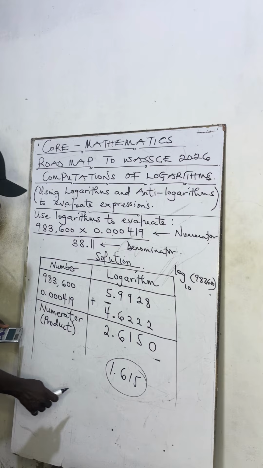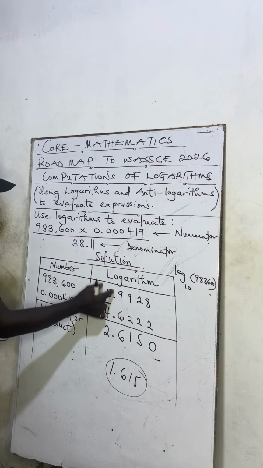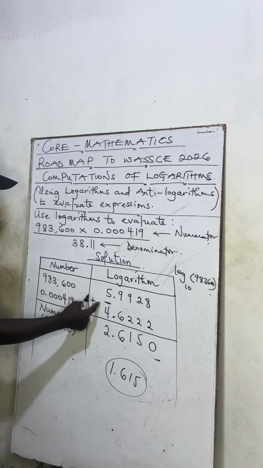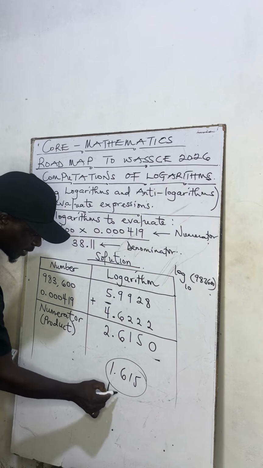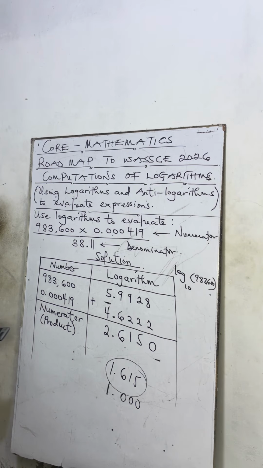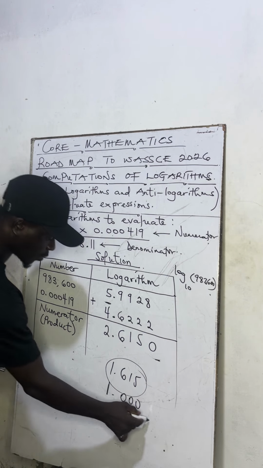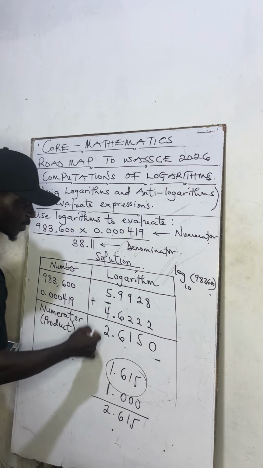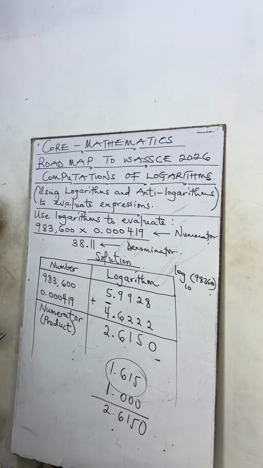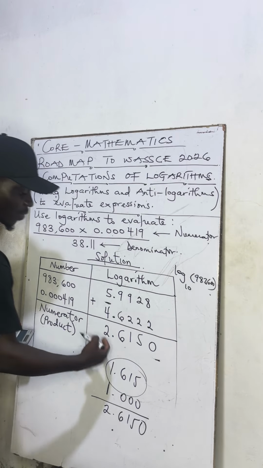Then you come and calculate the characteristic. So 5 plus negative 4, we get 1. And your 1 is the same thing as 1.00. So when you add up, you get 2.615, which is the same thing as 2.6150.